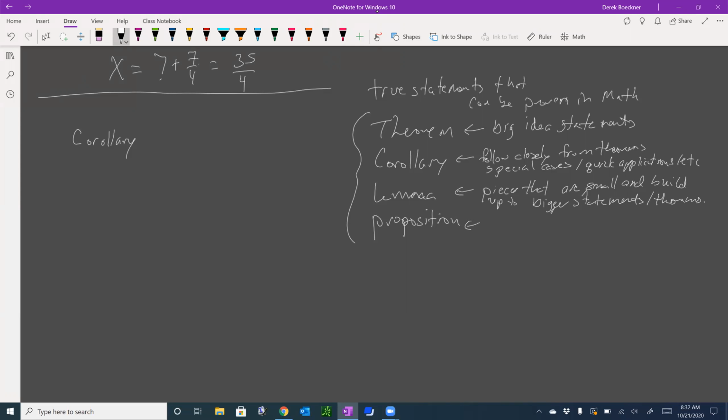And then propositions, they're kind of standalone things, anywhere between a lemma and a theorem.